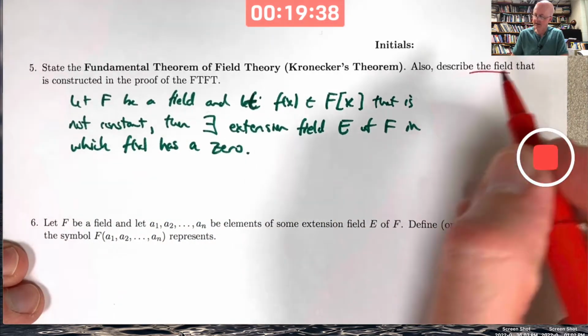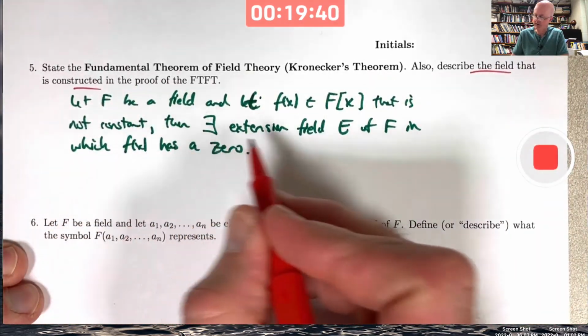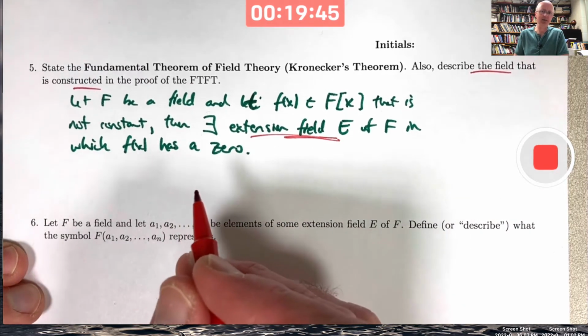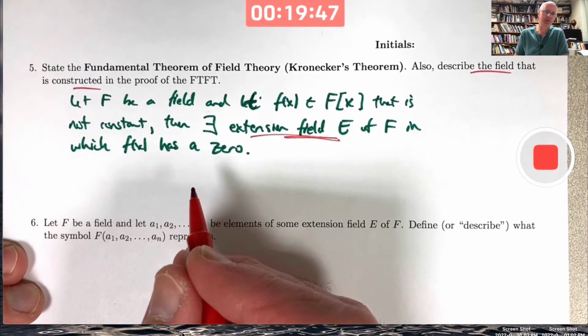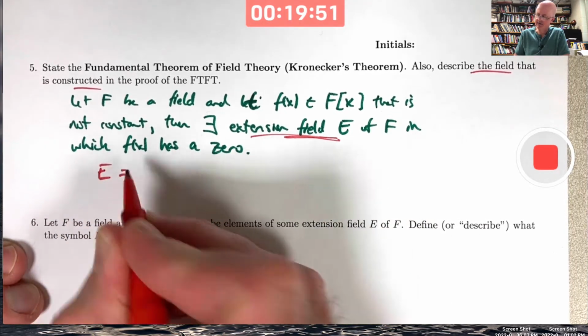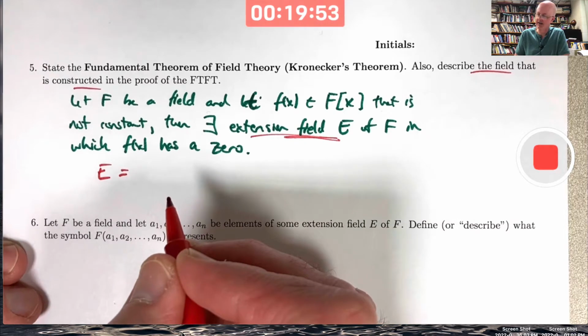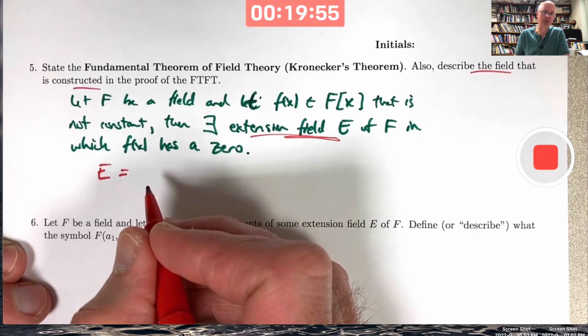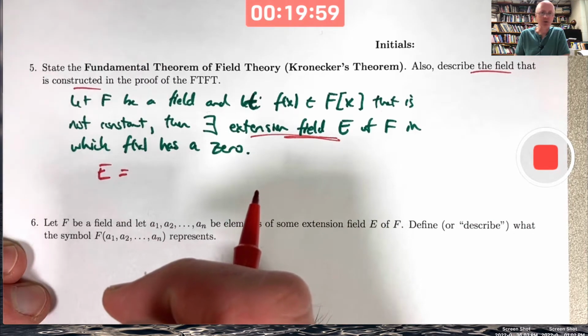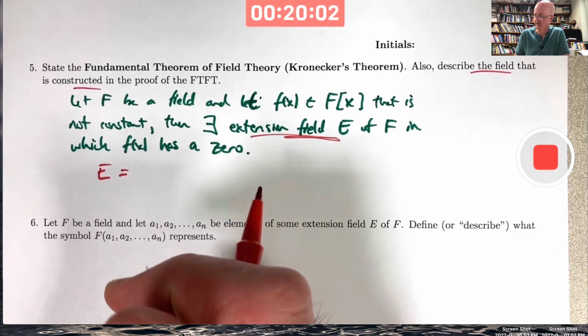What is the field that is constructed in the proof? The field extension E is what I'm referring to. You've got to use f in some way. And the answer, if you study the proof, is that E, the field extension that is constructed, is a certain field that is constructed as a factor ring or quotient ring if you have a different book than Galois.